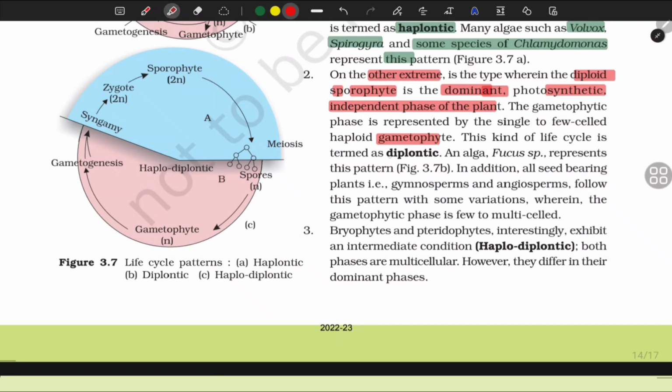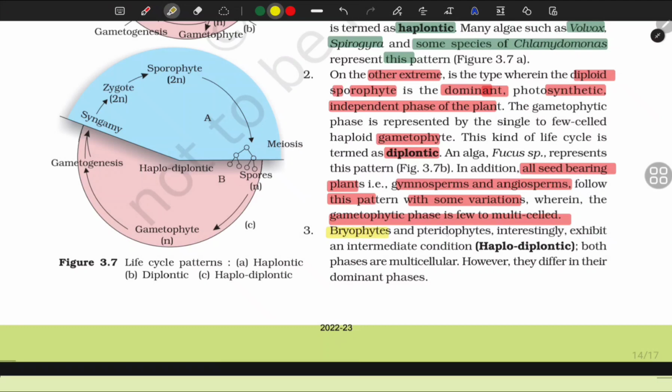This kind of life cycle is termed diplontic. The alga Fucus species represents this pattern. In addition, all seed-bearing plants, that is gymnosperms and angiosperms, follow this pattern with some variations, wherein the gametophytic phase is few to multi-celled.